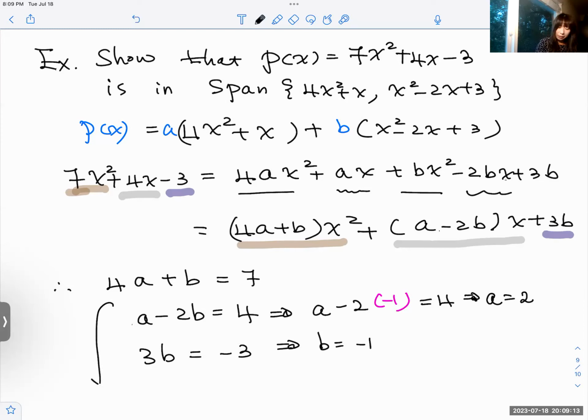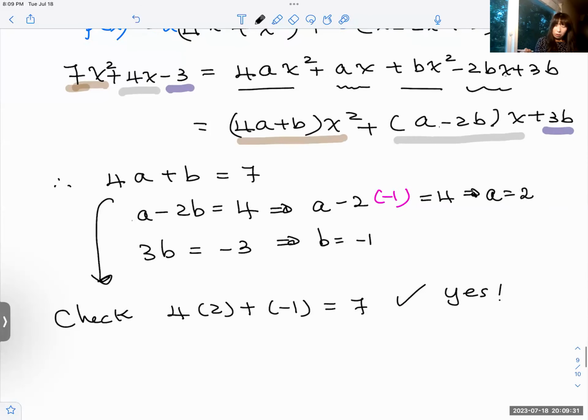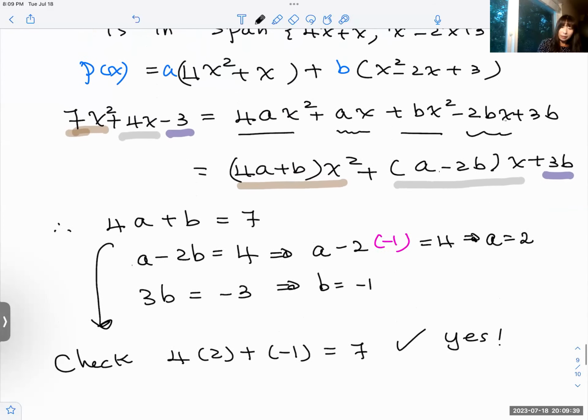Let's check that. 4 times 2 plus -1, is it 7? Yes. Good job. So we can find the scalar multiplication there, right?